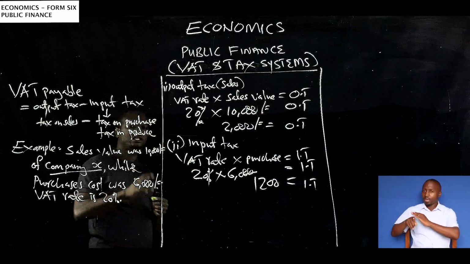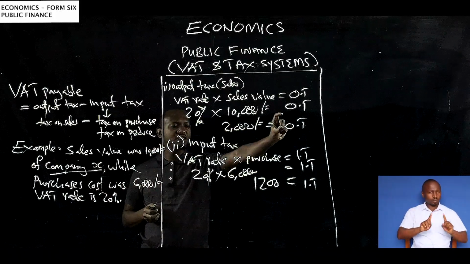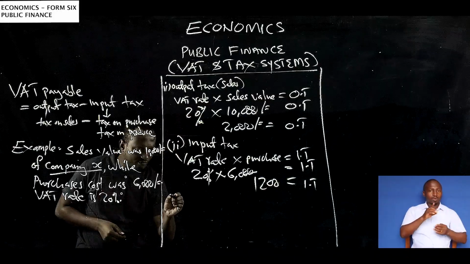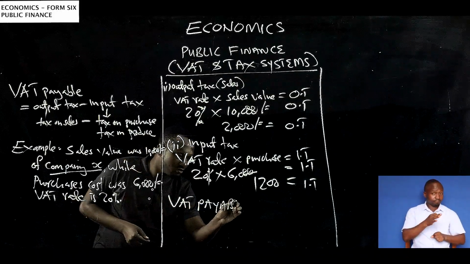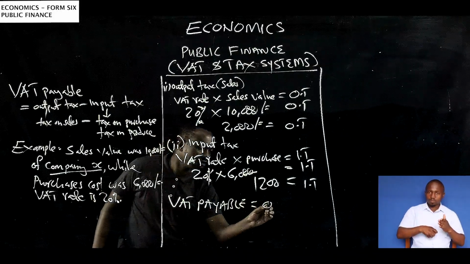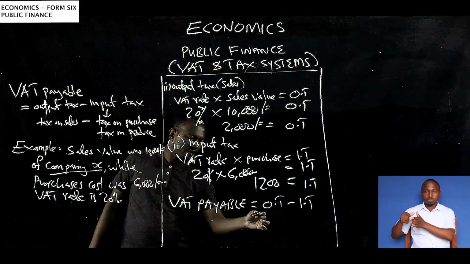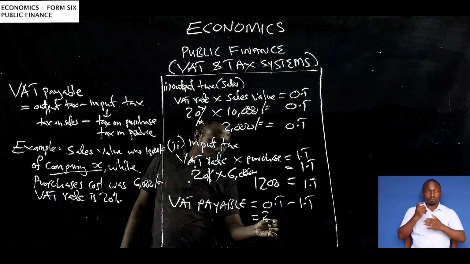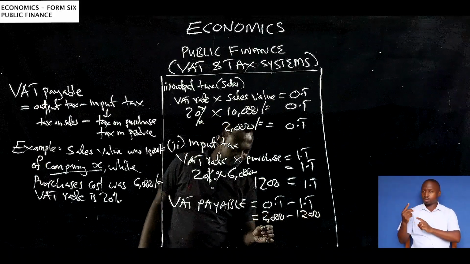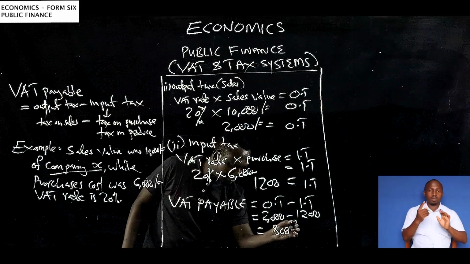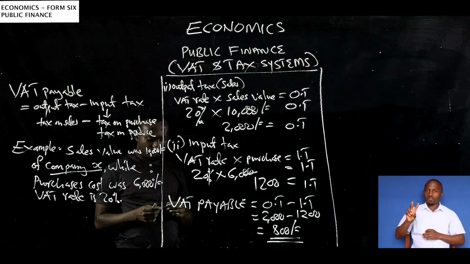VAT payable is the difference between output tax and input tax, by taking output tax minus input tax. So here VAT will be 2,000 minus 1,200. We get 800 Tanzania shillings. This is how VAT is computed.